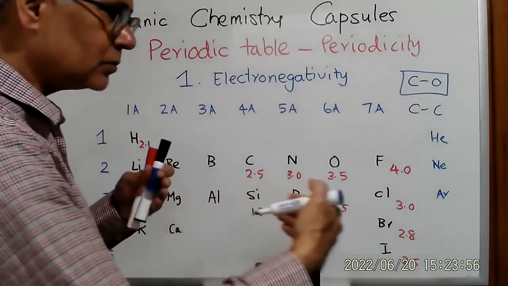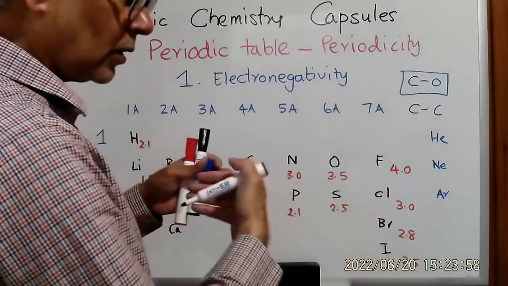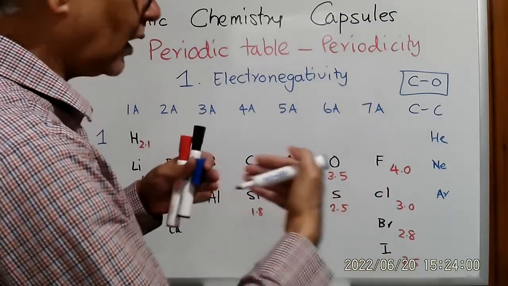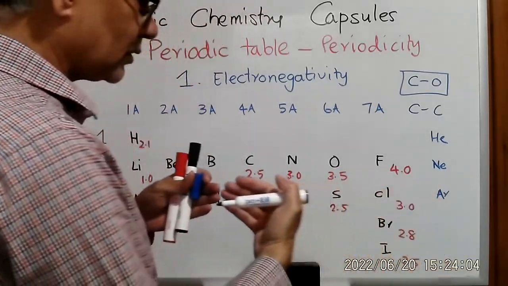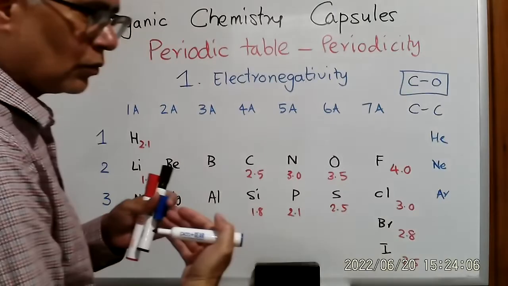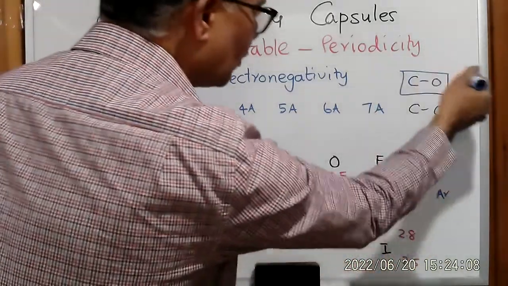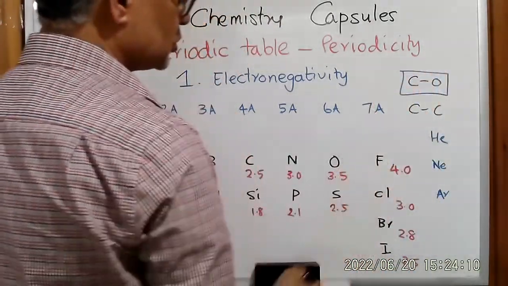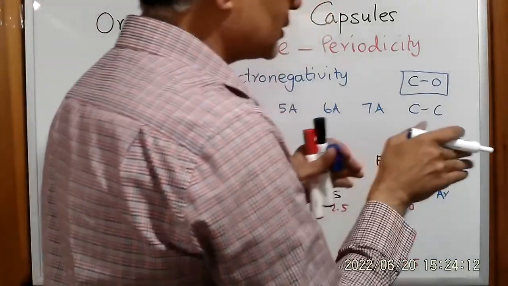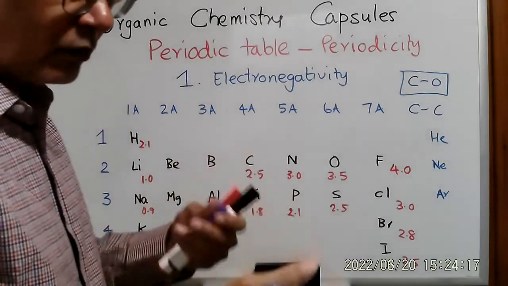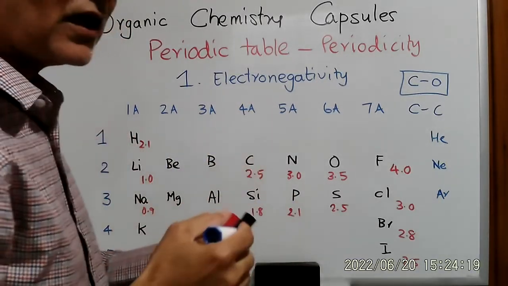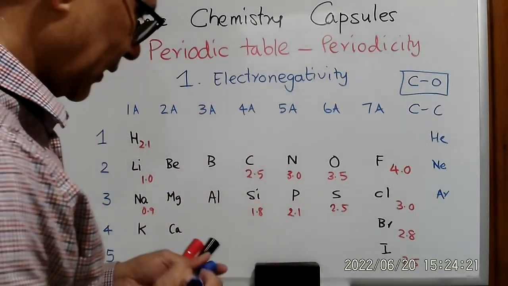There is some pull, tug. One of the elements will be more electronegative, so electrons tend to move towards that element in the bond. So in this carbon-oxygen bond, electrons tend to move towards oxygen. Oxygen has more electrons from that bond, so we say oxygen has a partial negative charge.